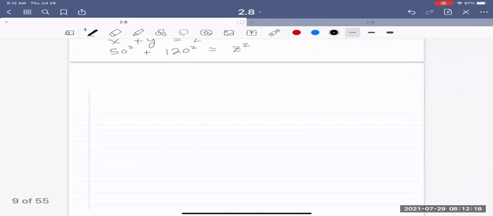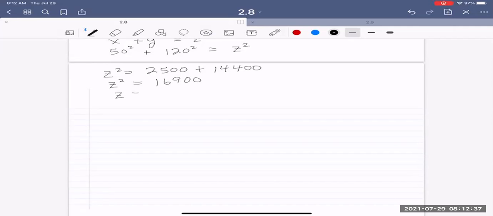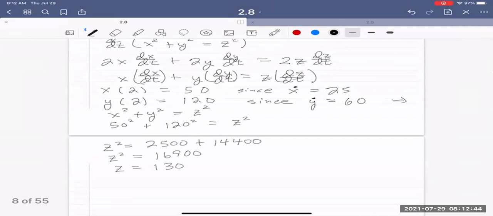So z squared is 2,500 plus 14,400, which is 16,900. And so z is 130. So z is 130. Of course, all of these are in miles.